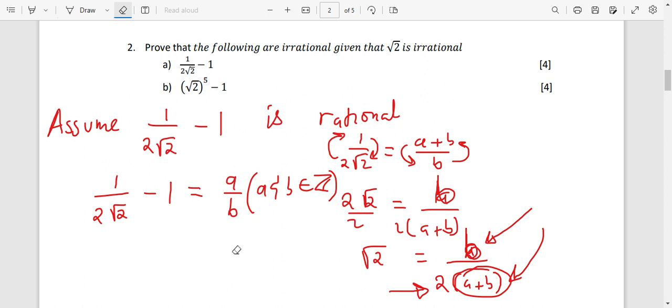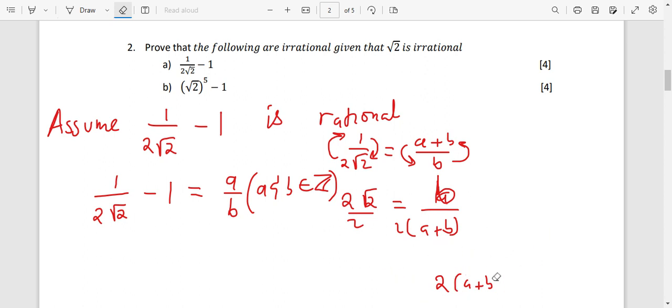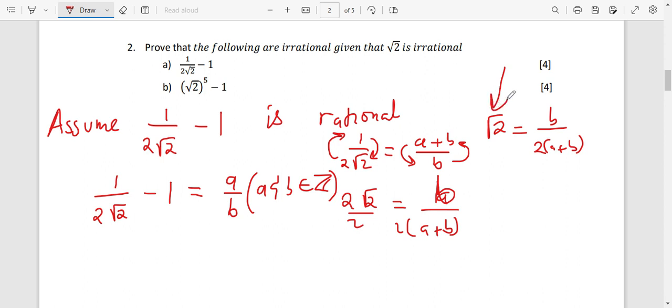Since the B on top and the denominator, which is 2 times (A plus B), are integers, that means that the fraction is rational. Therefore, a rational number cannot be equal to an irrational number. Remember, we are saying square root of 2 is equal to B over 2(A plus B). And we've been given that root 2 is irrational, and we have said that this part is rational.